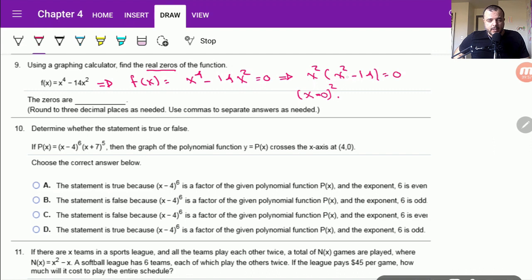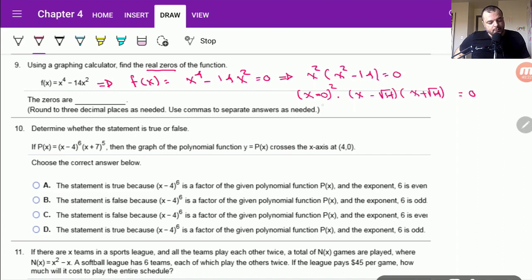Then x squared minus 14, we can use what? We can use the difference of two squares, right? So the first factor is going to be x minus radical 14. The second one is going to be x plus radical 14. Good. So we can use the zero product property to find the zeros.